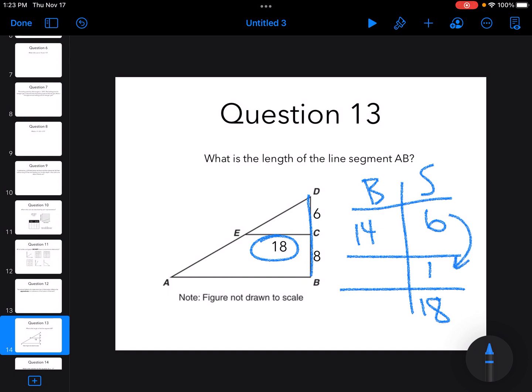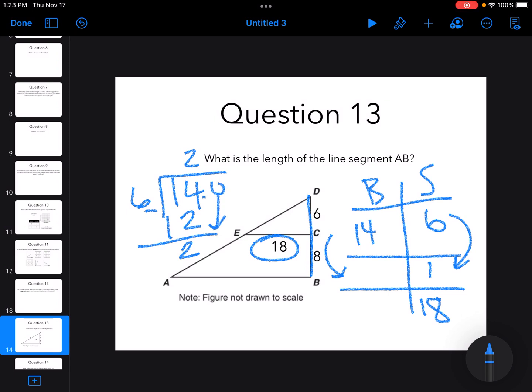So I'm going to divide by 6. So 14 divided by 6. So it's going to be 2.3 repeating. So that means I have 7/3.